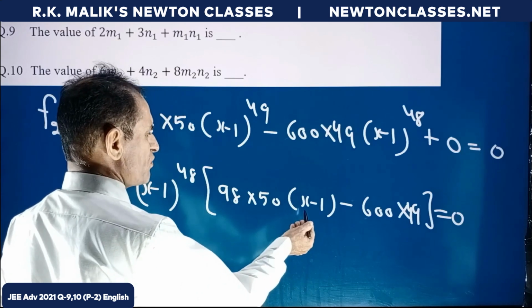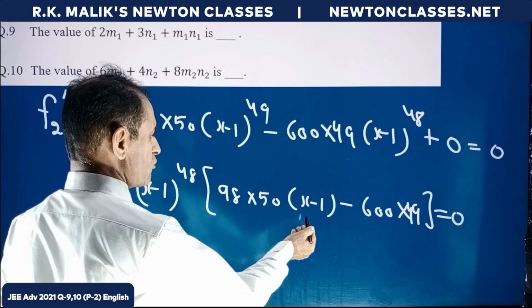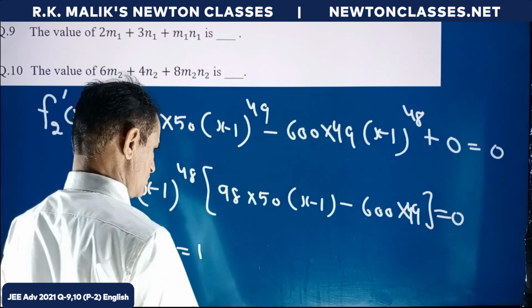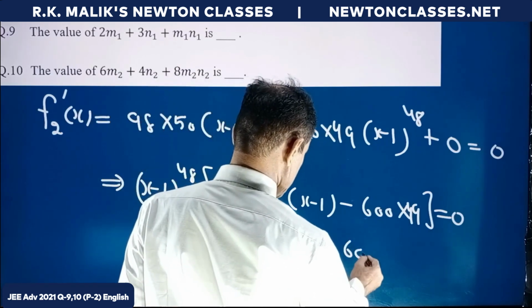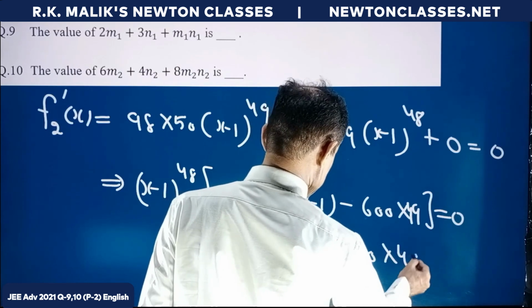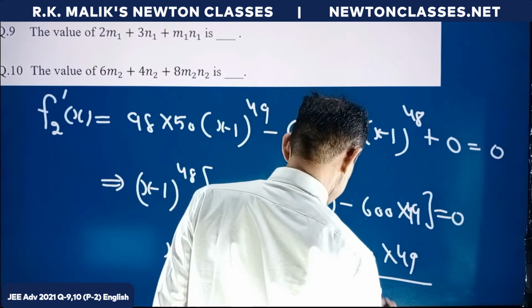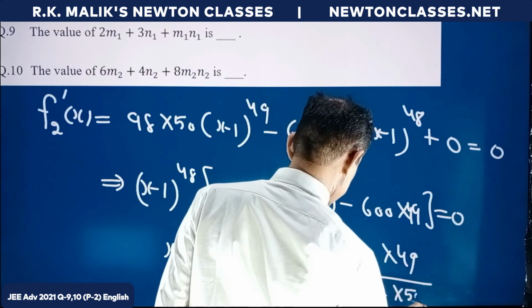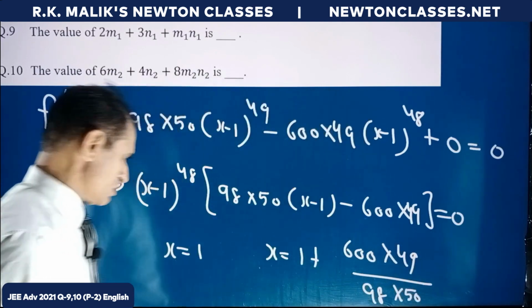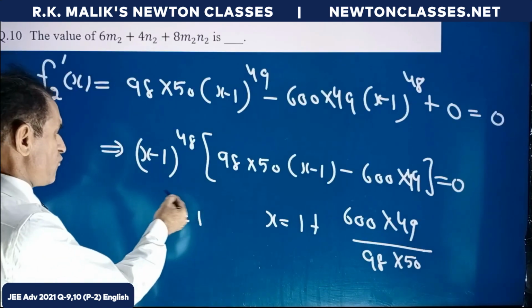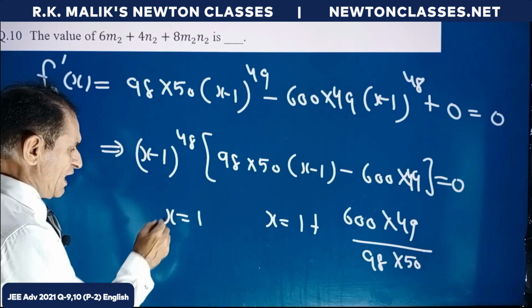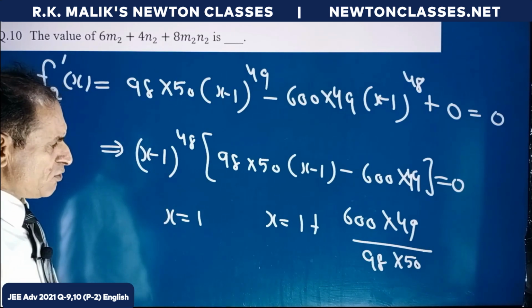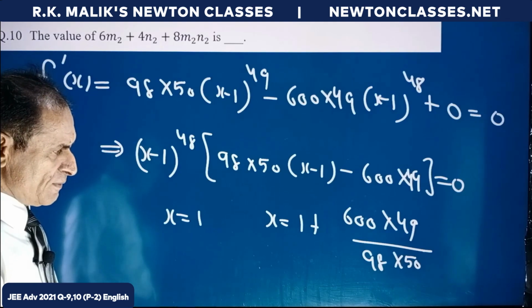But it is also obvious that that value will be more than 1, because the answer is going to be 1 plus 600 into 49 by 98 into 50. It is clearly more than 1, and because 1 is coming an even number of times, at 1 it is sure that a point of inflection will be there.